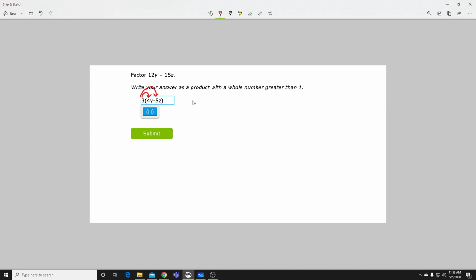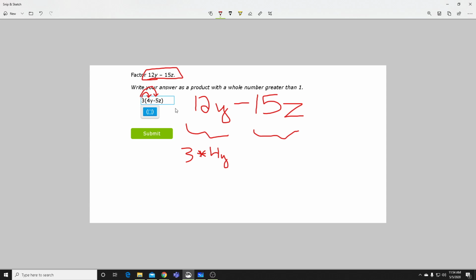And then 3 times negative 5z would be negative 15z. We see that's the same thing as we started with.